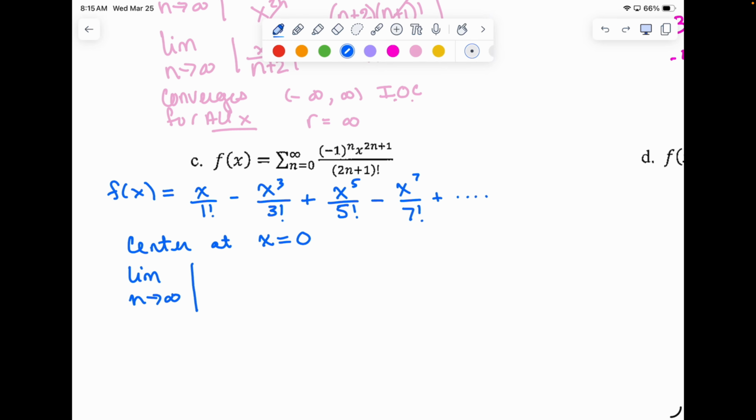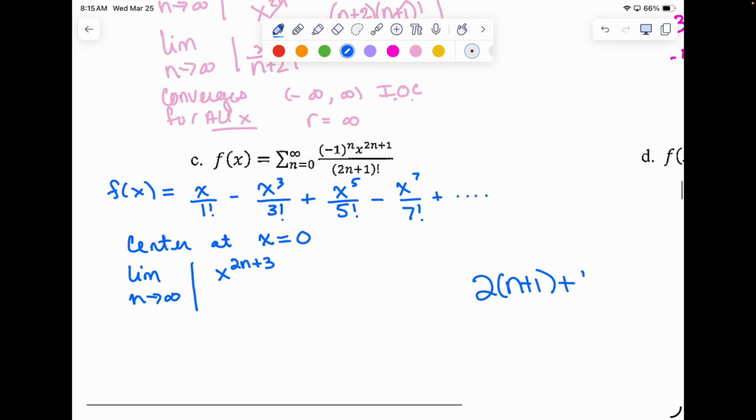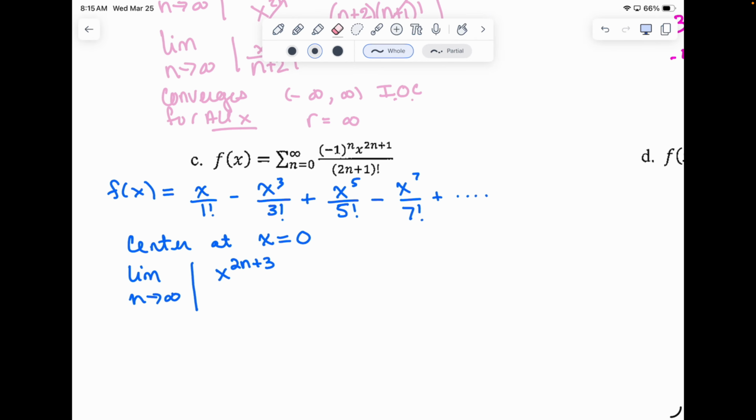The 2n plus 1, what happens is I have 2 times n and 2 times 1 plus an extra 1, and I end up with x to the 2n plus 3 because it was 2n plus 1 plus 1. Are you okay with that? Yeah. That was something we were making mistakes on when we were doing board work the other day, so just be careful. We don't want to mess up little arithmetic things.